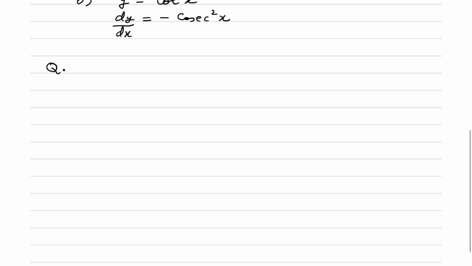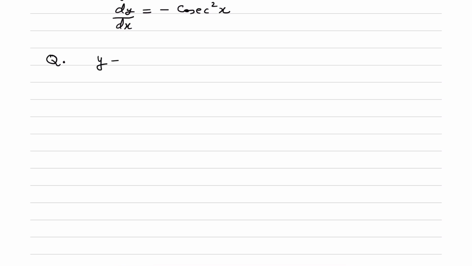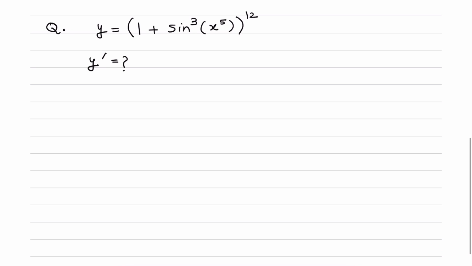We have the expression y is equal to (1 plus sine cube of the angle x to power 5) whole power 12. We have to find the derivative of this expression.